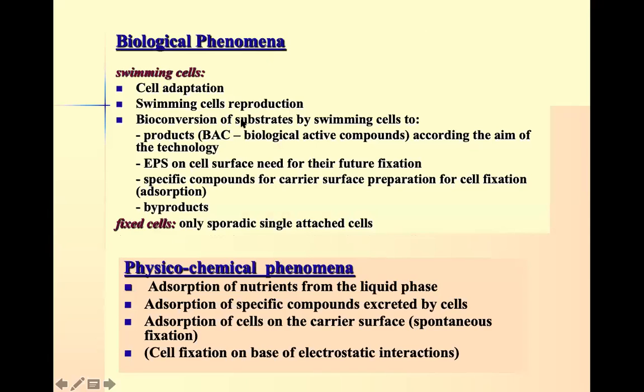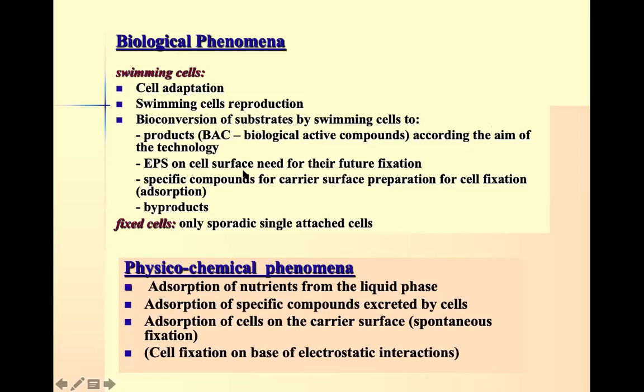conversion of substrates by swimming cells to produce biologically active compounds. Conversion means they use different enzymes to break down the substrate and check whether they will get enough energy and environment for developing a biofilm or not.